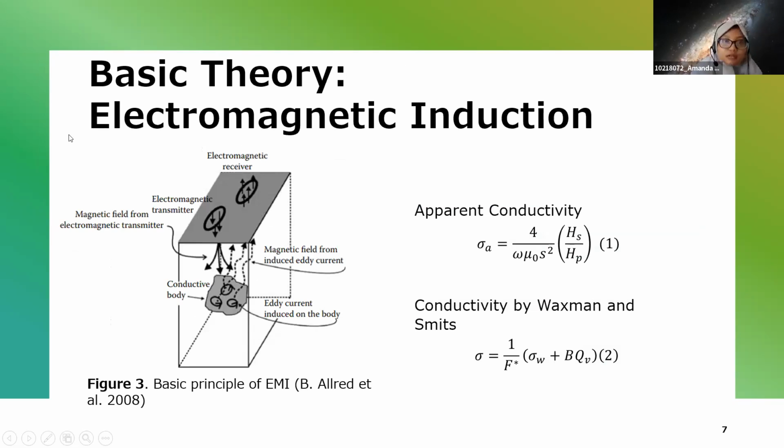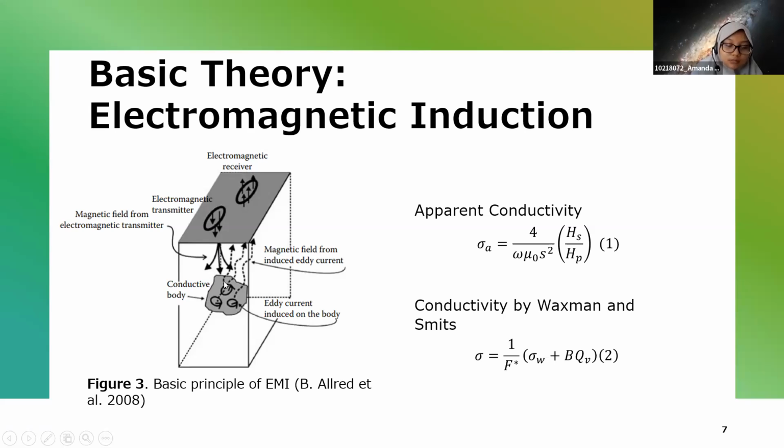The next is about electromagnetic induction. The working principle of electromagnetic induction is that a transmitter coil produces the primary magnetic field, and the primary magnetic field propagates into the subsurface, or into the soil.